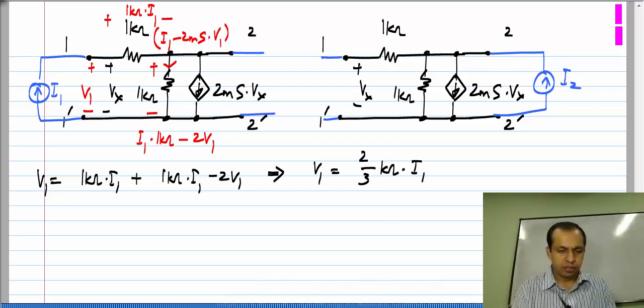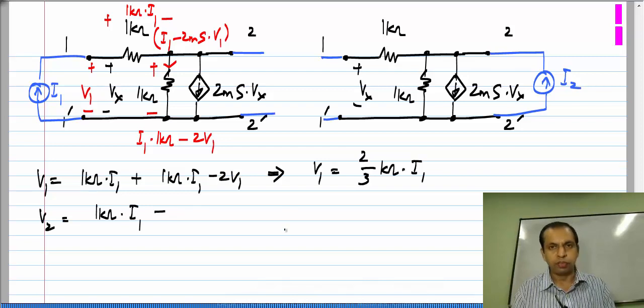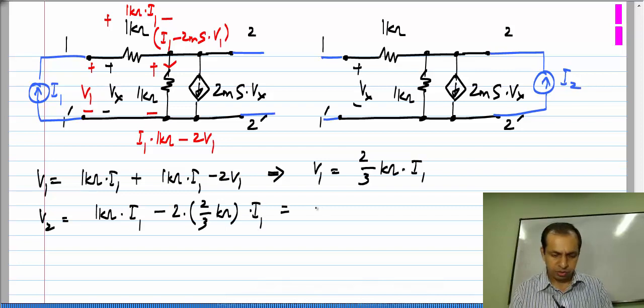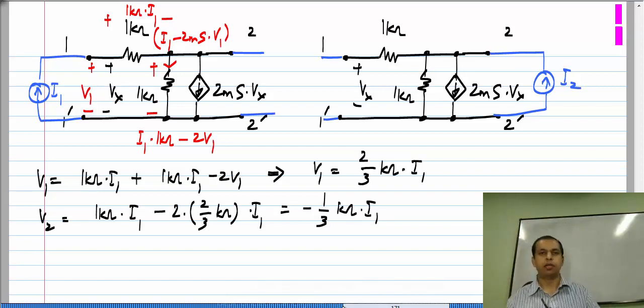and we know that V 2 is the voltage drop across this. So, V 2 is 1 kilo ohm times I 1 minus 2 V 1, and V 1 we have already calculated. So, it is 2 times 2/3 kilo ohms times I 1, which is basically minus 1/3 kilo ohm times I 1.